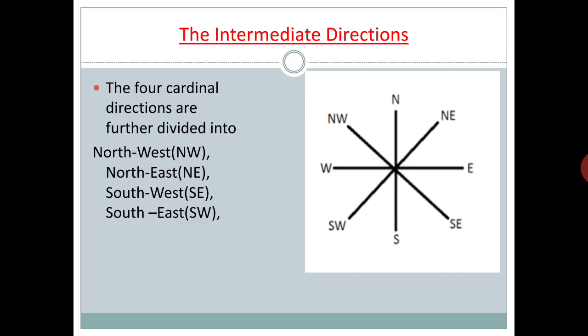Northeast, northwest, southeast, southwest. So we have four more intermediate directions, which have been divided from the cardinal or main directions.